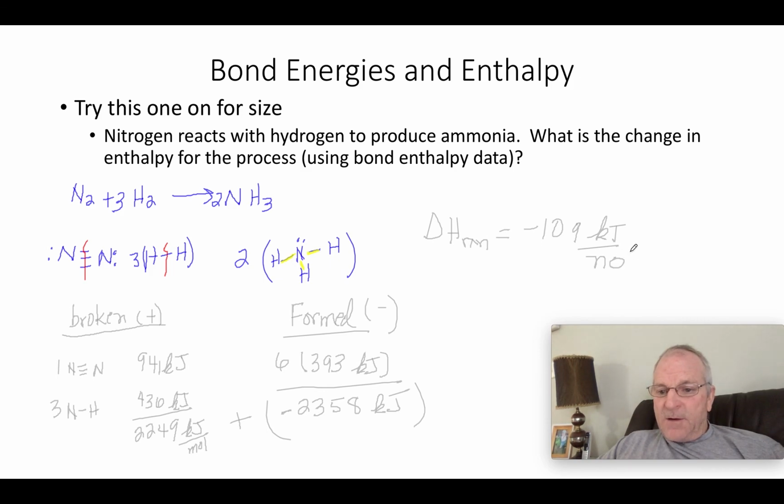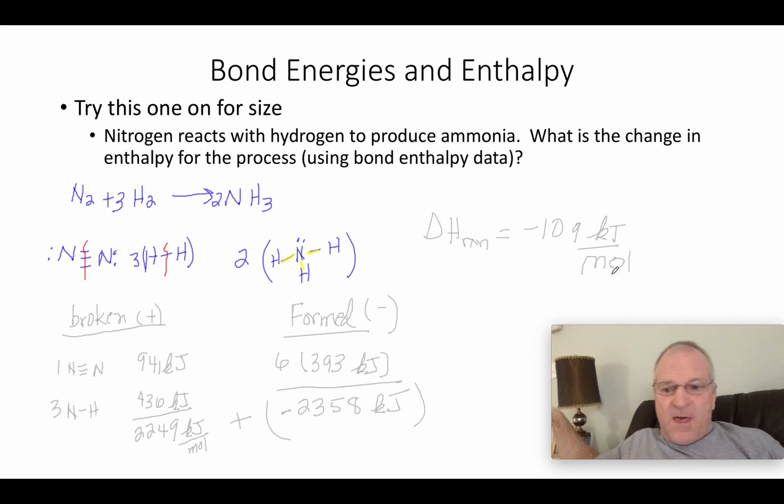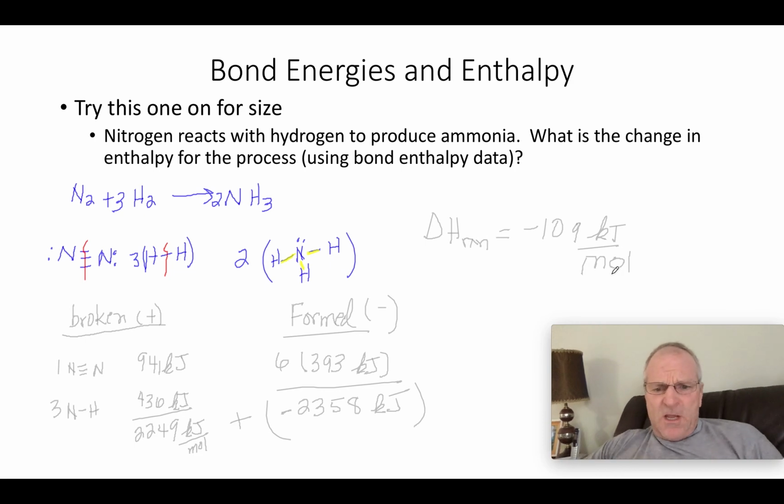It's the amount of graphics on the page that is apparently freaking everything out. And there you go. Delta H by bond enthalpy or bond dissociation energy.